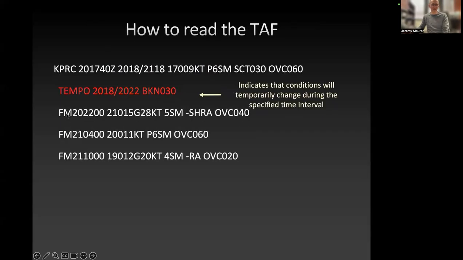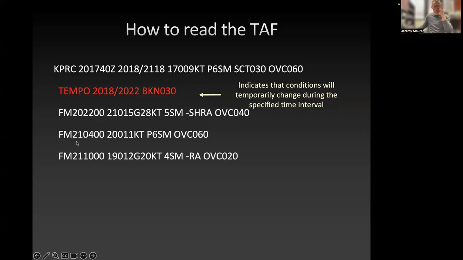Here's our next set of forecasts, and I won't go into all the details on all these lines, but you can see 20th, 2200 hours. We're going to be changing our wind speed. We're going to have 15 gusting to 28 knots, 5 statute miles, light rain, overcast at 4,000 feet, and so on.